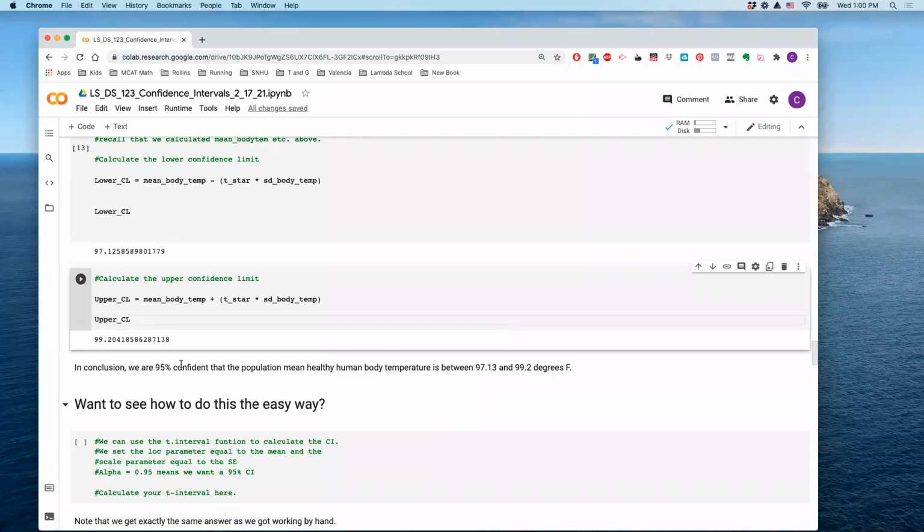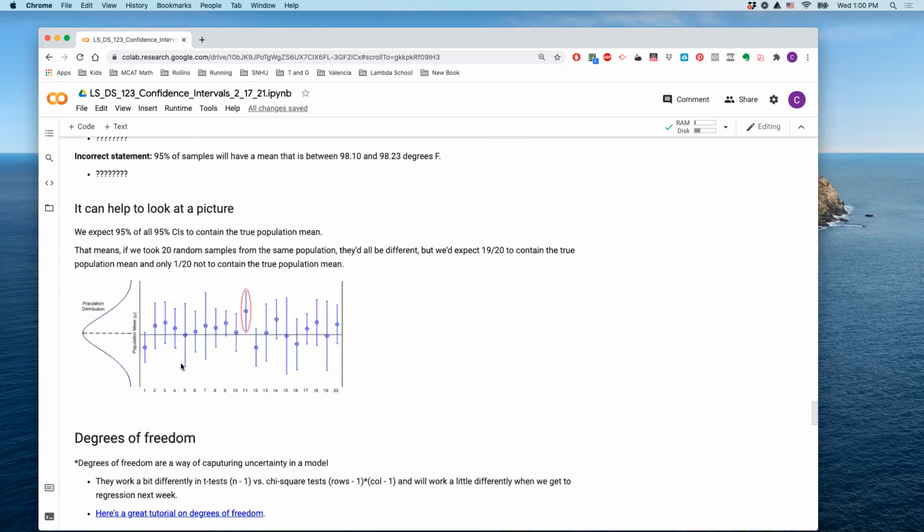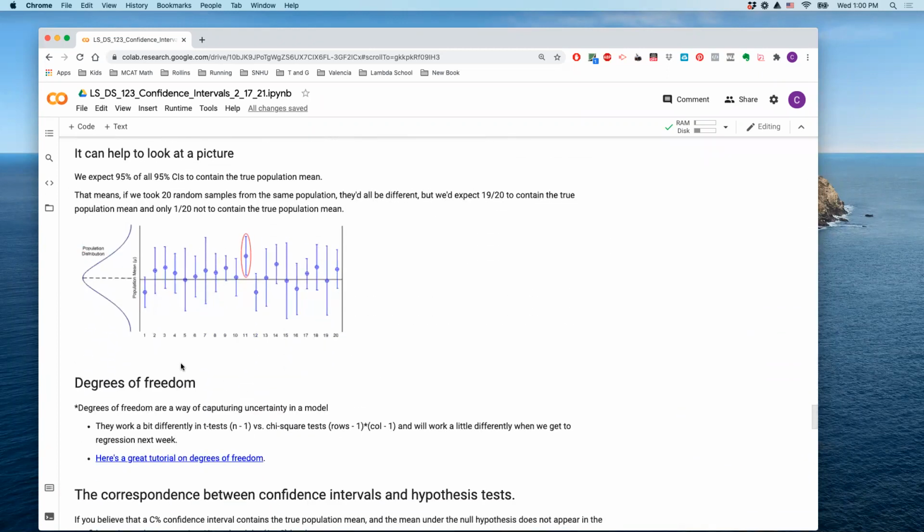So again, coming down here and looking at this picture one more time, just to reiterate, what does 99.5% confident mean? It means I went out and I got a sample and I calculated a sample mean and I calculated this confidence interval.